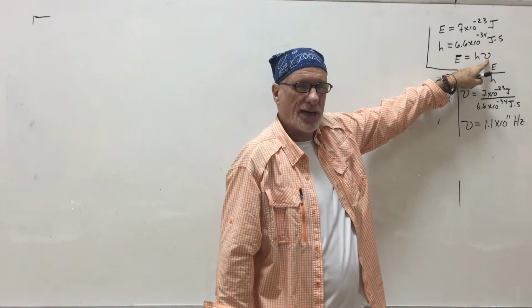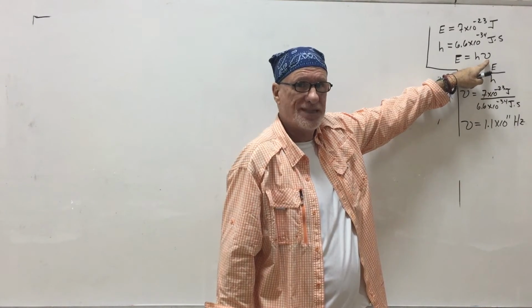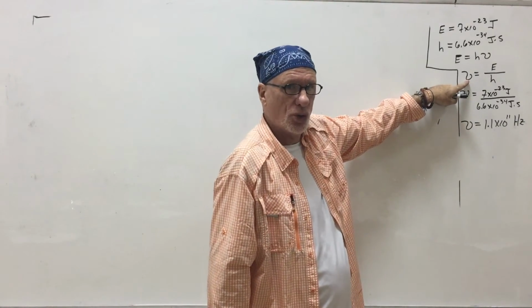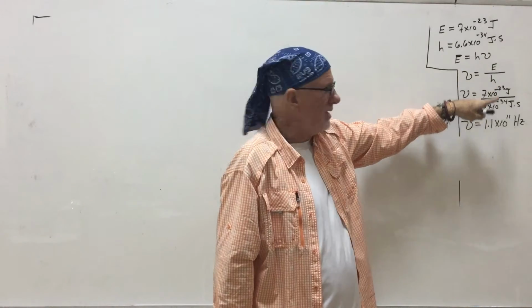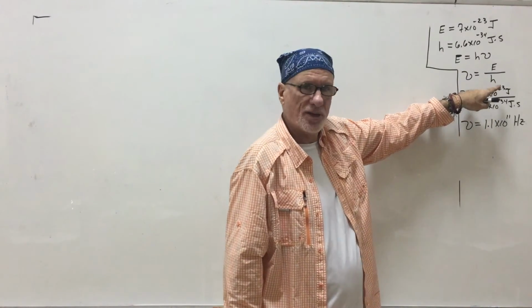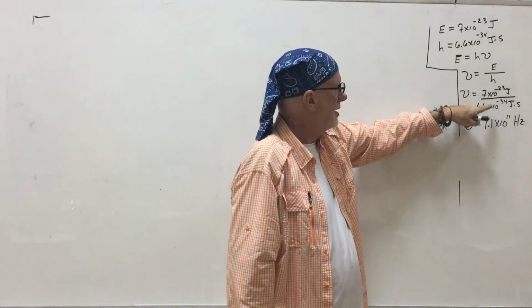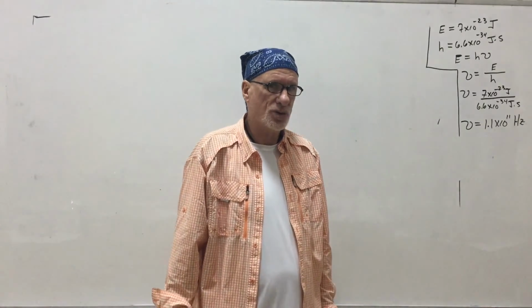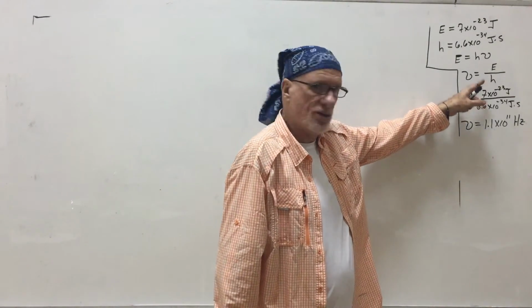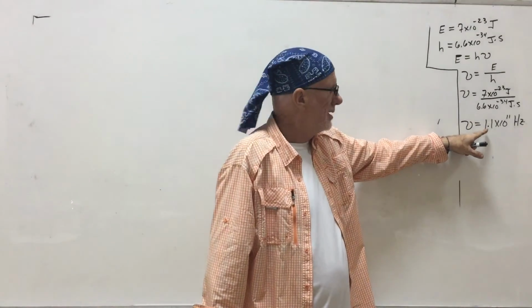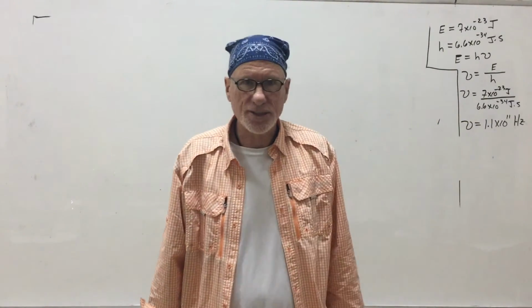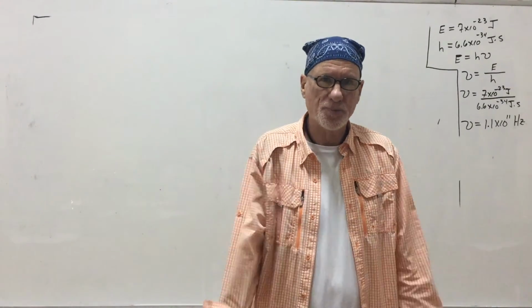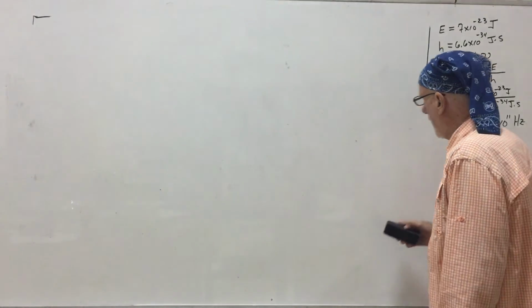It looks like V, but it's really the Greek letter nu. It means frequency. So I want to solve for frequency. Frequency nu equals E over h. Plug in 7 times 10 to the negative 23rd joules, divided by 6.6 times 10 to the negative 34 joule seconds, and put that in your calculator, and you'll get 1.1 times 10 to the 11th hertz. Make sure you can do those calculations. Do some practice ones, practice putting them in your calculator. Okay? So that's finished.